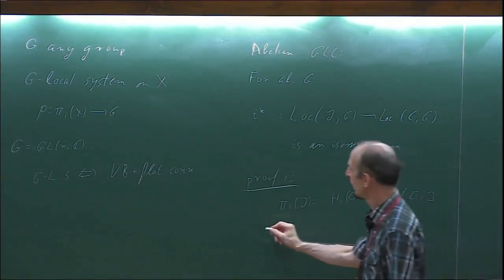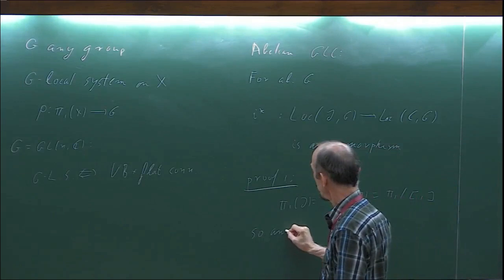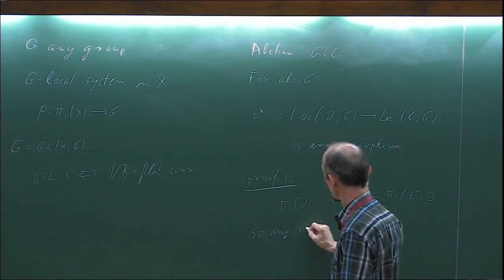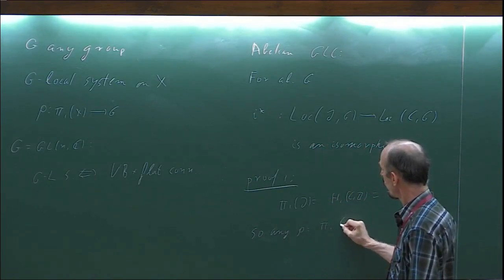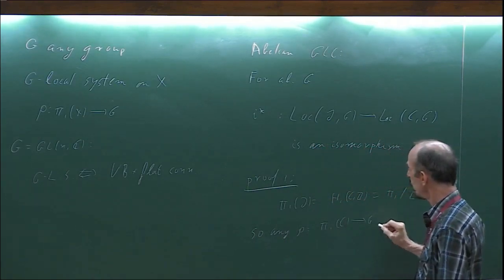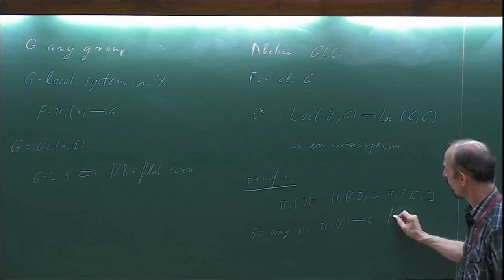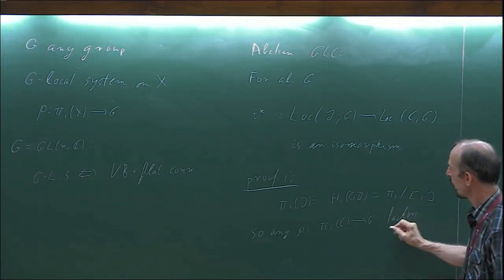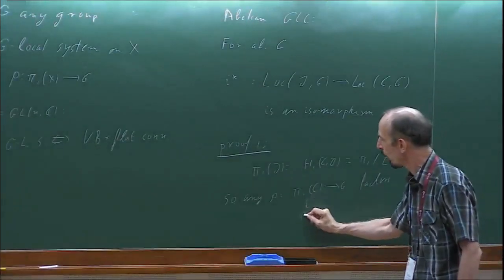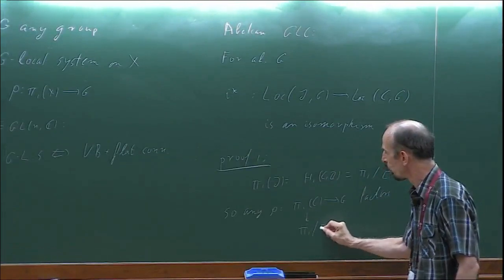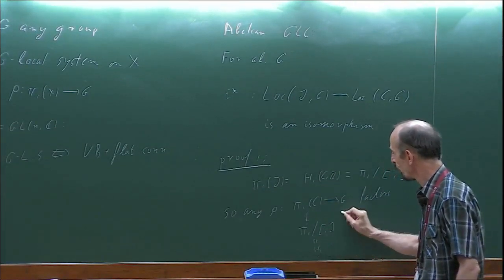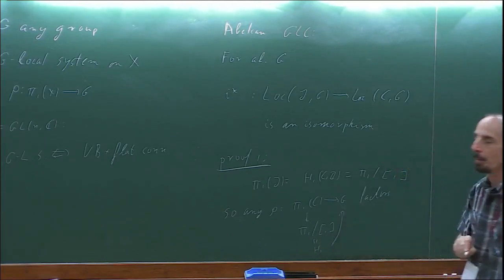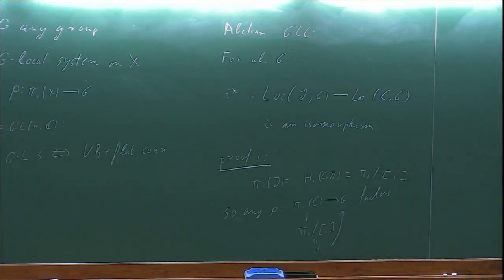So any rho from pi 1 of C to G factors through pi 1 modulo brackets, which is H1, which is pi 1 of the Jacobian.